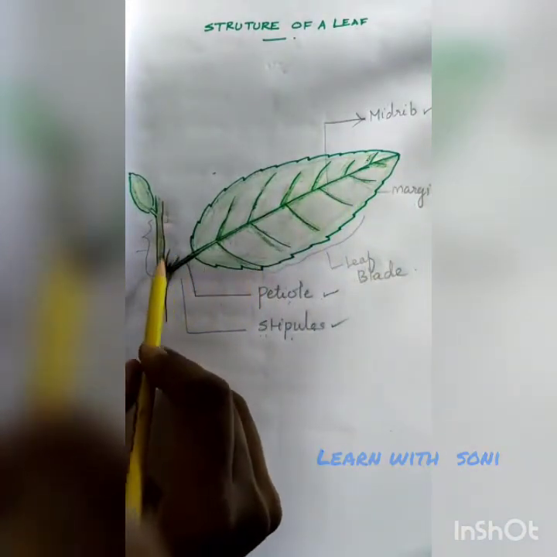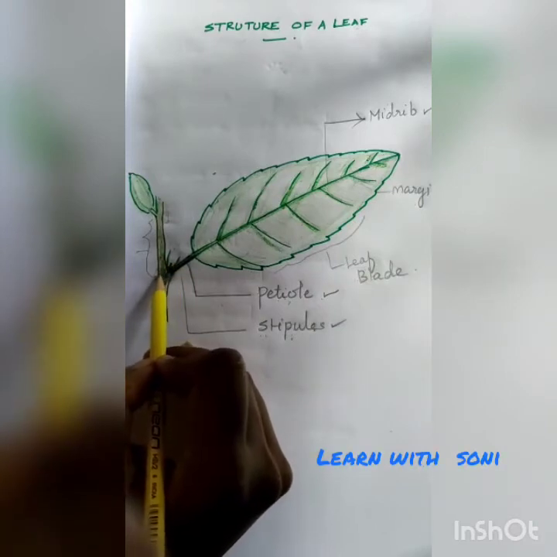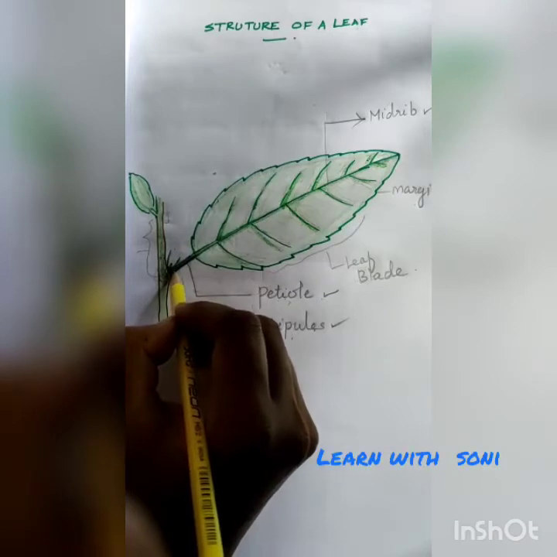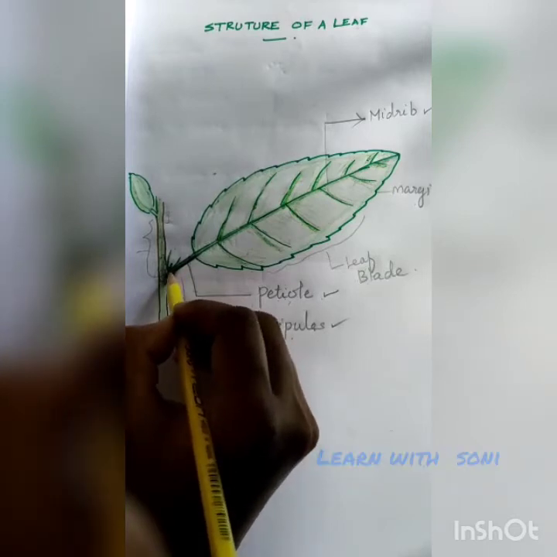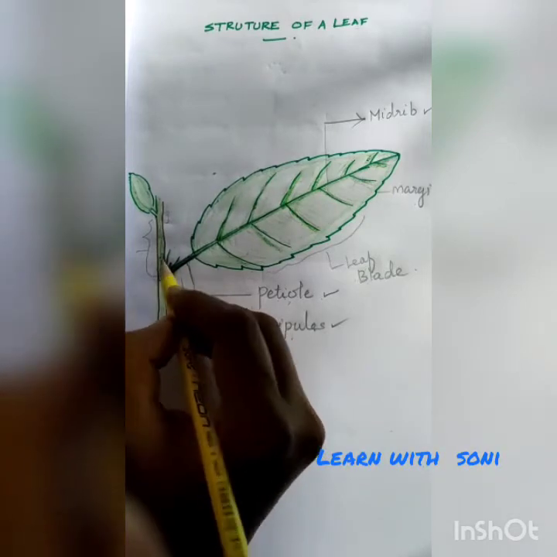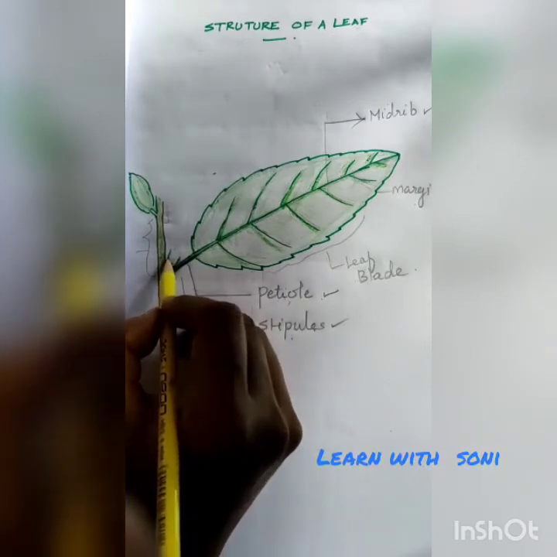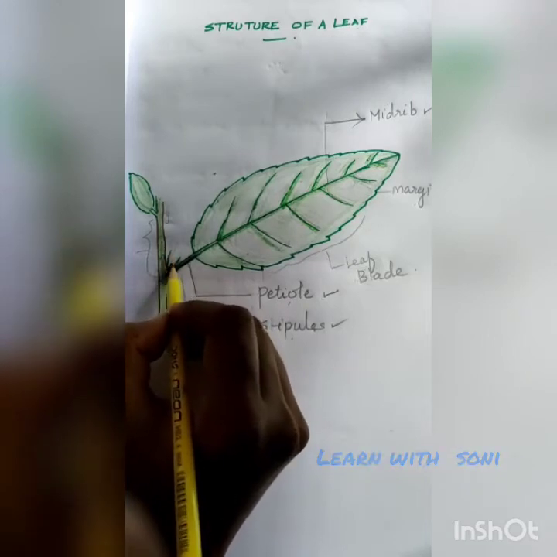Then the portion of the leaf connected to the nodal region of the stem is called the leaf base. In some plants, on both sides of the axillary bud, lateral growth is present.